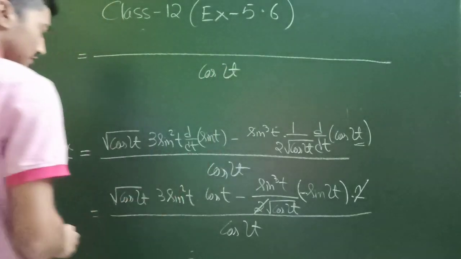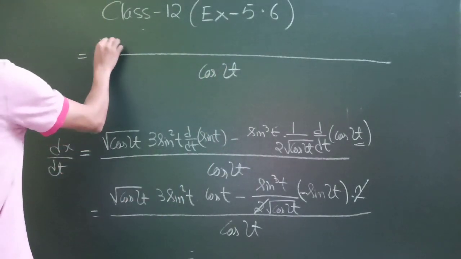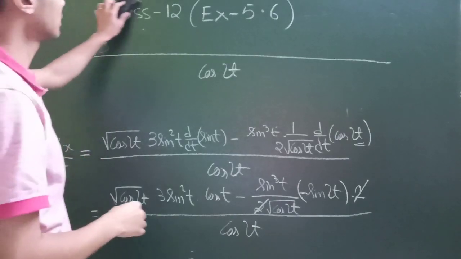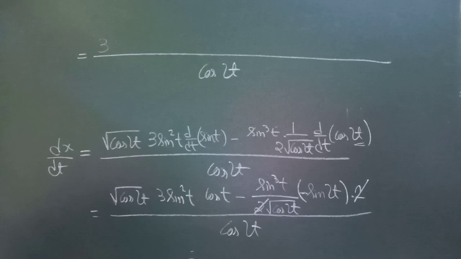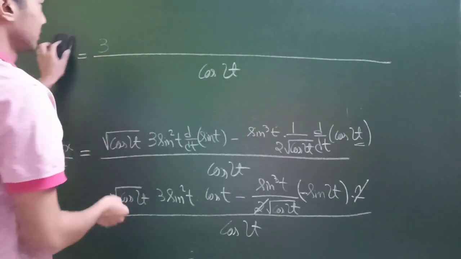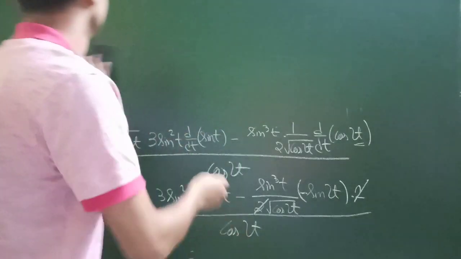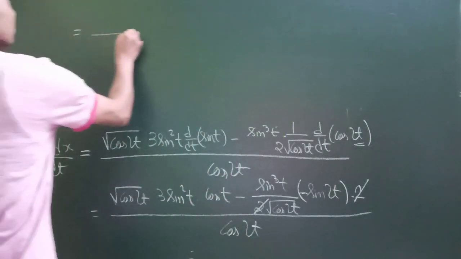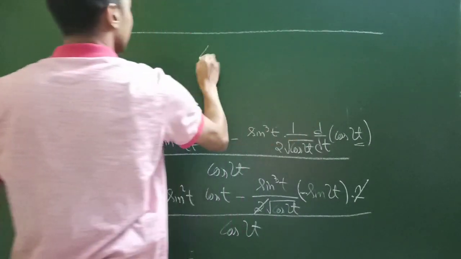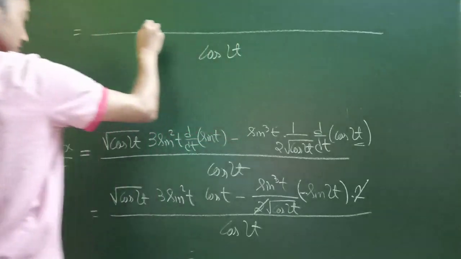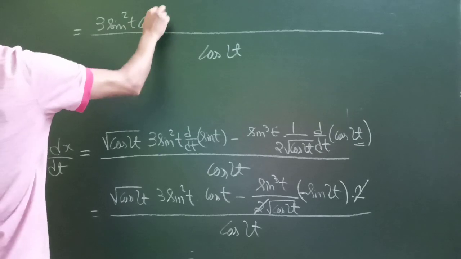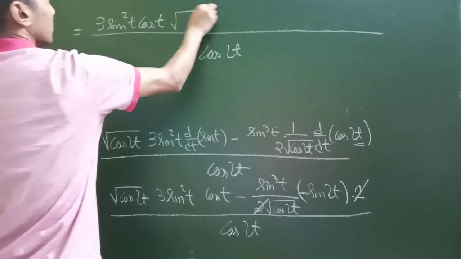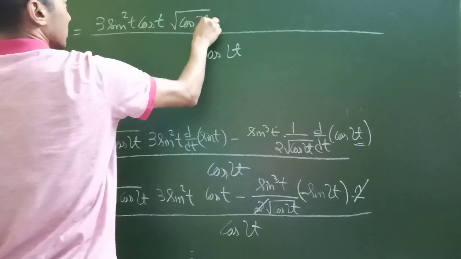That's going to be 3 sine square t cos t root over cos 2t.